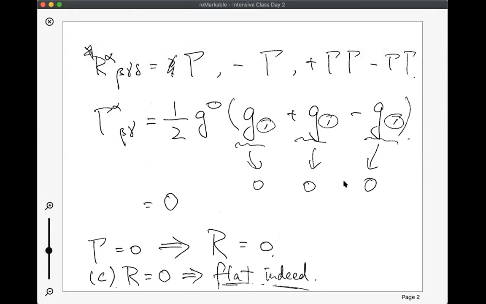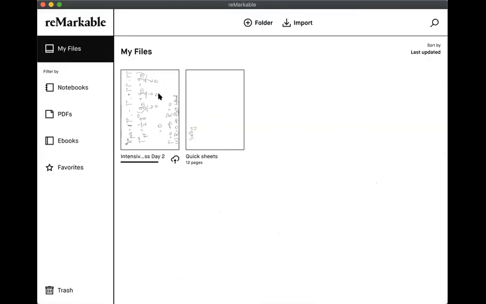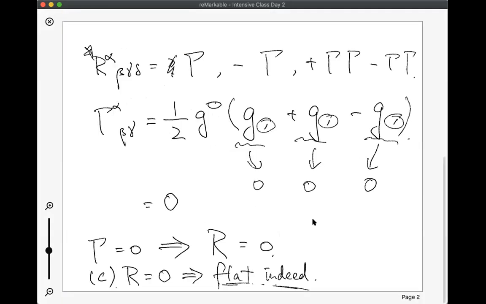Okay, then let's move on to the second question. The second question now asks about a different space. It's a flat three-dimensional space, which means it's just the usual Euclidean three-dimensional space.